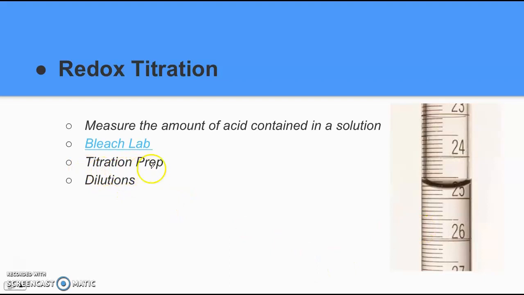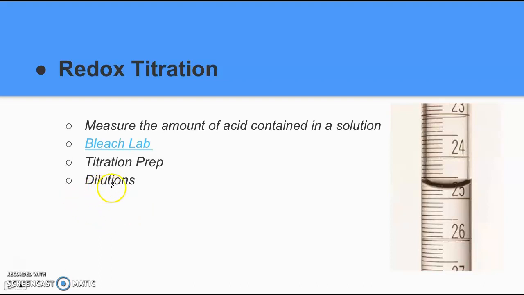So with any type of titration, that's kind of the beginning part of it right there. And then you always measure a starting volume, or the initial volume, and you measure the final volume of the titrant. And then you subtract those two to determine how much of the titrant was added to the analyte. And then you can do your calculations from that.